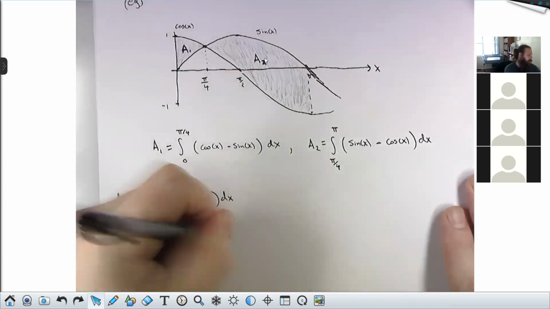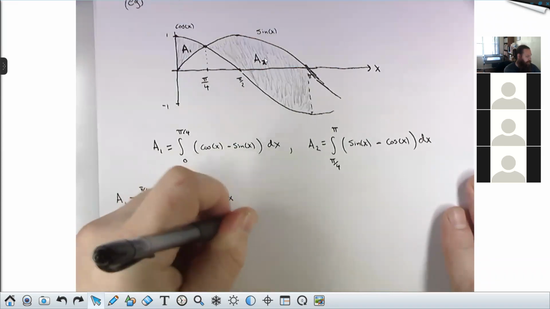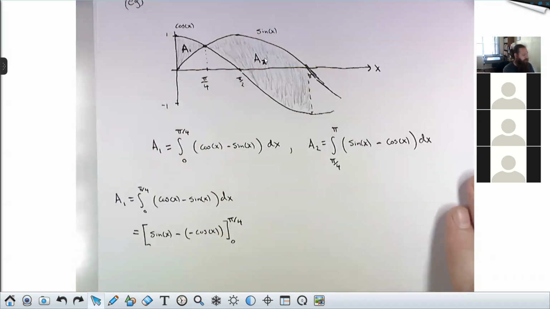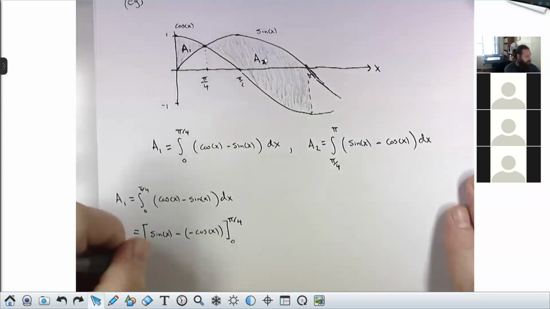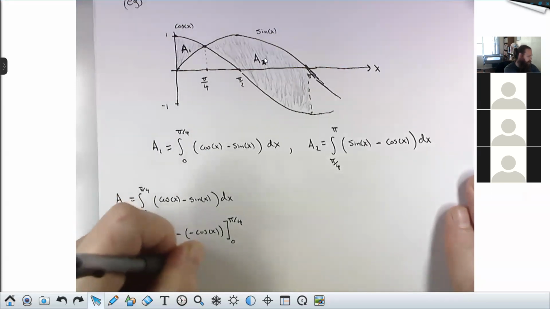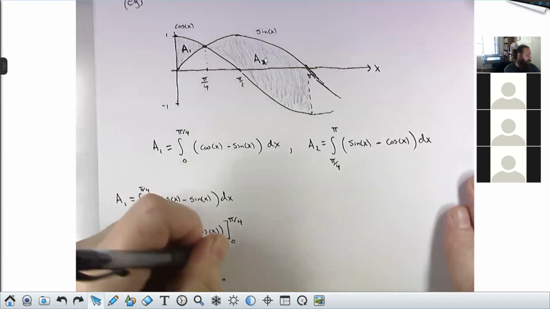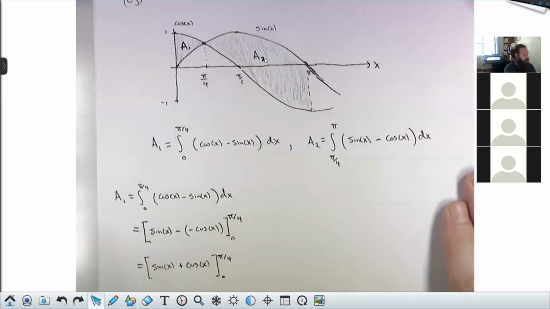And this is a definite integral. We're going 0 to pi over 4. So those are the evaluation bounds here. So this is sine x plus cos x, from 0 to pi over 4.